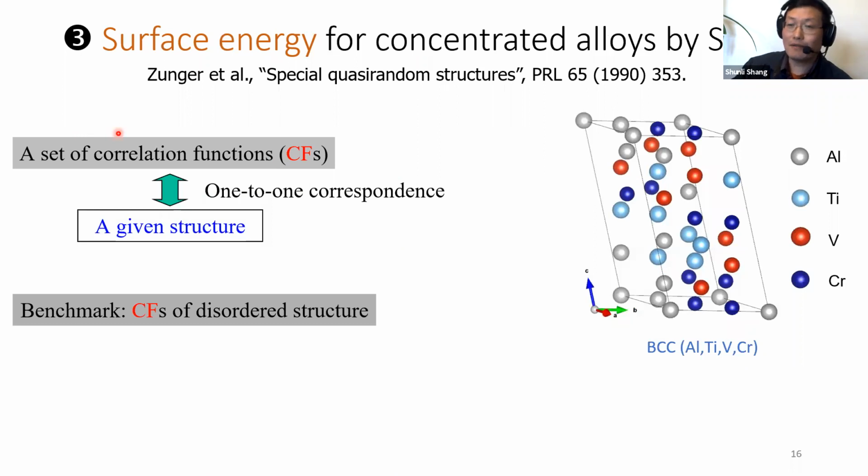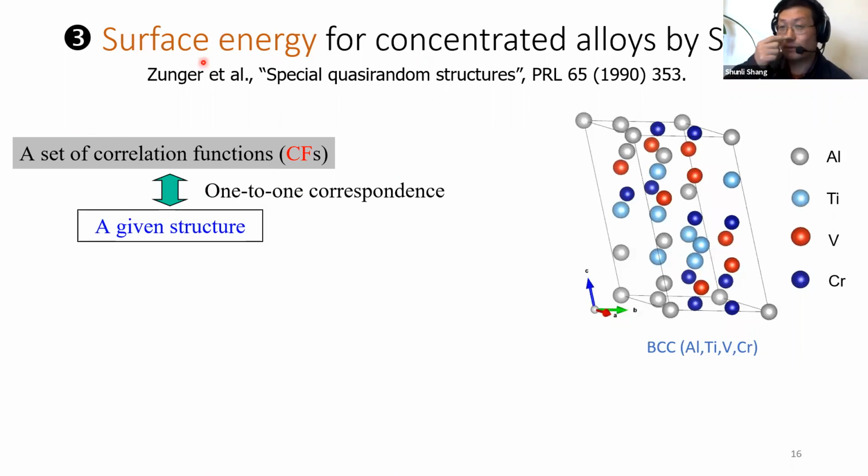But for surface energy, when we do the calculation for concentrated alloys, we can use a structure called the SQS, proposed by Alex Zunger.